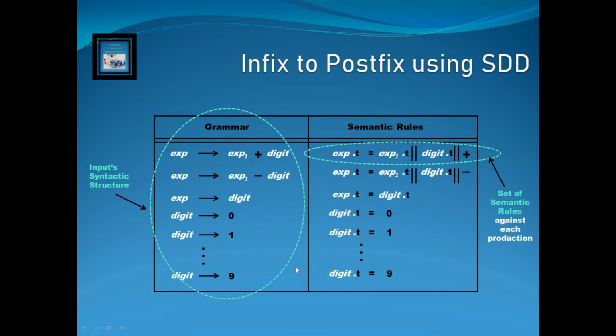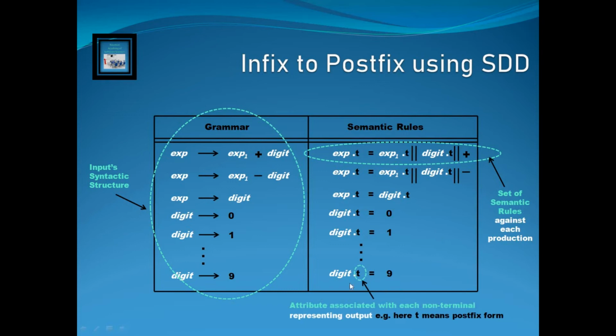Okay, so we have seen that for this particular kind of translation, from infix to postfix, we have used this two column approach for syntax directed definition. In the first column the syntactic structure of the input is given, and within the second column the semantic rules are given, which show how to compute output from input.